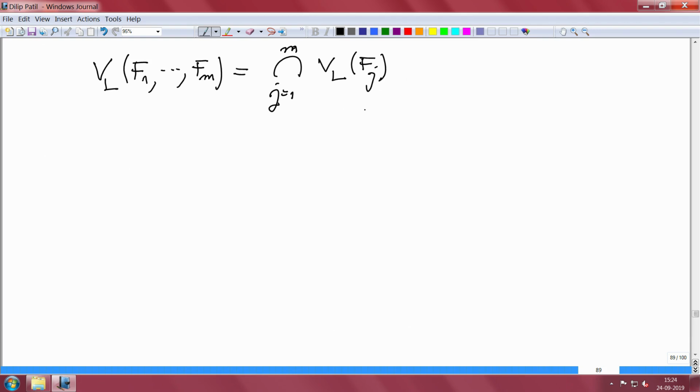This is one thing we have noticed. Another thing we have noticed is that this V_L of f1 to fm does not depend on these polynomials, but it depends only on the ideal generated by these polynomials in the polynomial ring K[x1 to xn]. So, this is the same thing as V_L of the ideal generated by f1 to fm.